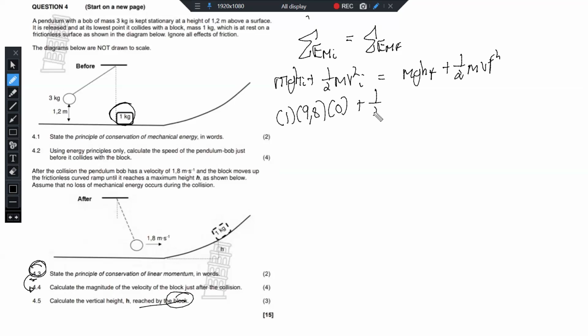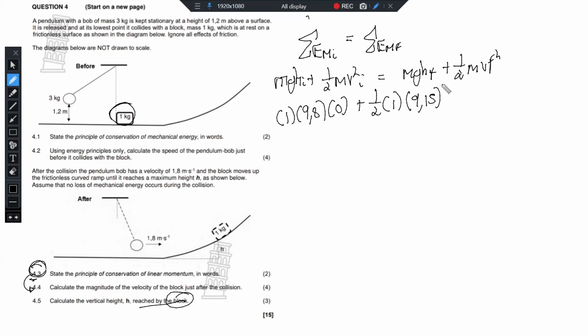And then now we have half, our mass is still 1. The velocity initially, at this point when it is struck by the pendulum, is the one that we calculated, and we found that it was 9.15.